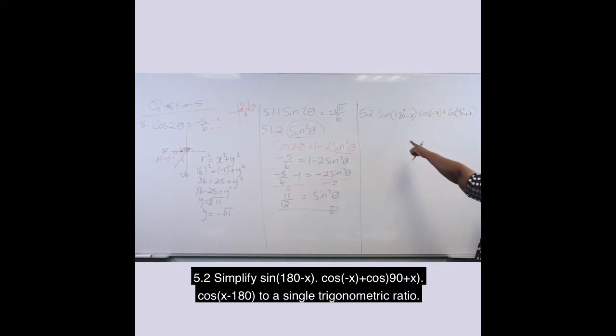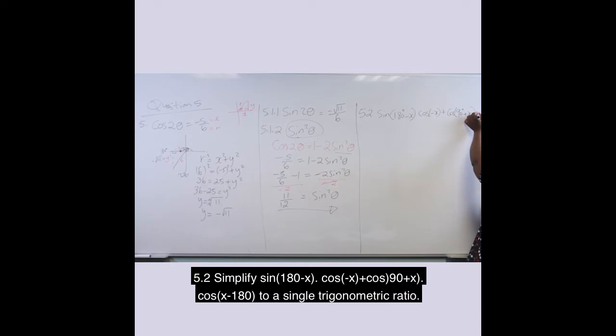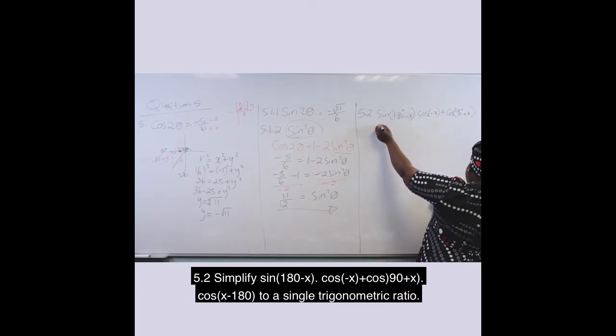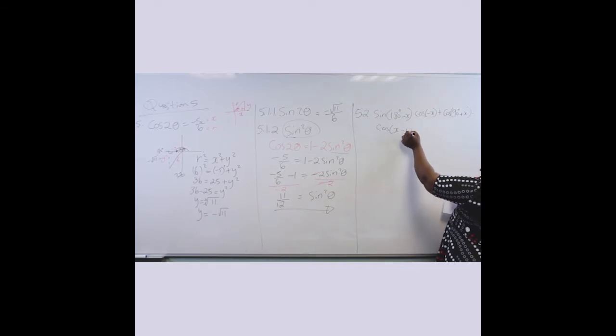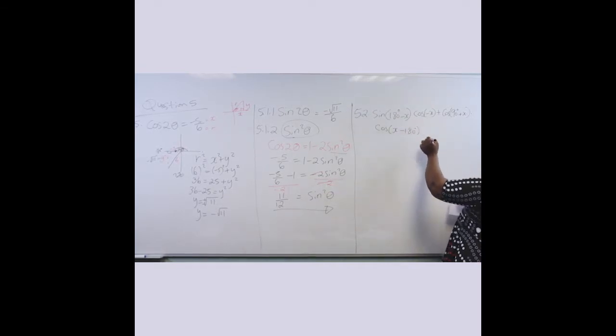And we're going to take it a little bit down to continue, but then it's multiplication. It's multiplied by cos x minus 180. Remember, this is on the same line. Okay, having it like that, we must simplify and make sure that we get one trigonometric ratio.